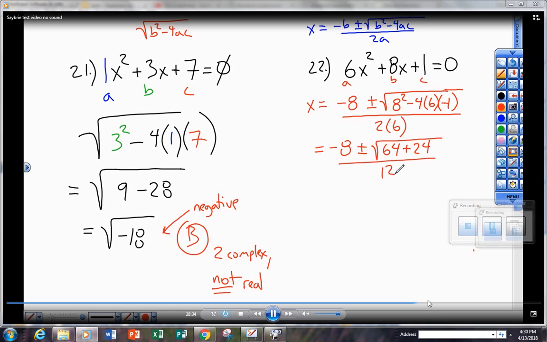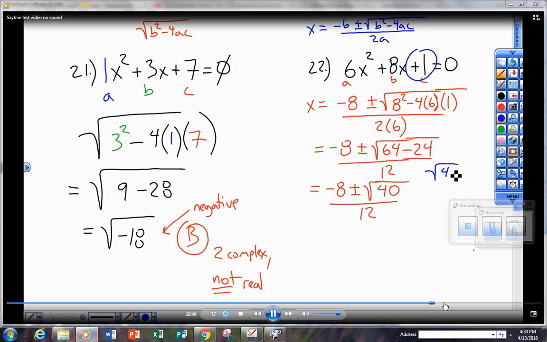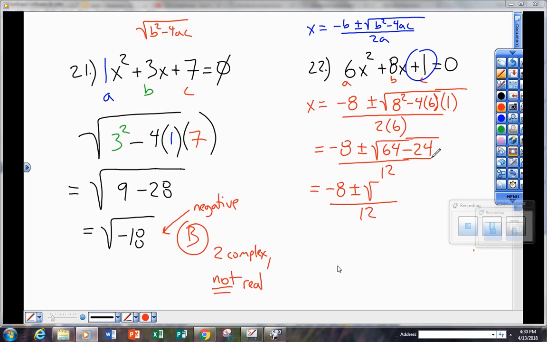So I'm going to fast forward a little bit to the correct answer. Here it is, it's 64 minus 24. So that gives me negative 8 plus or minus the square root of 40 over 12.